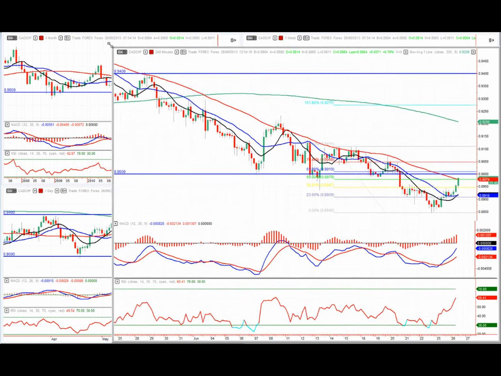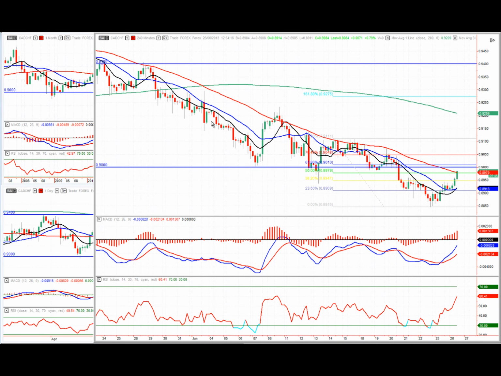Now if I take a look at the 240 chart, I've come down the time frames and started to lay a bit more analysis on this chart. We can see this break underneath the 9,000 level, and we can now see the pullback to it. I've drawn a fib study from the recent swing high down to the low, and we can see that the 9,000 level clusters with the sell zone on the daily chart, and it also clusters with a 61.8% fib level on this time frame as well.